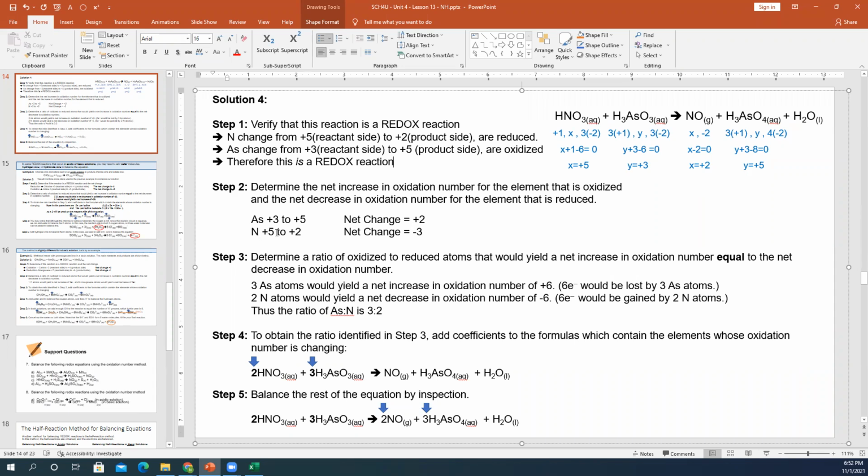And for nitrogen, it's from +5 to +2, so it's overall a net change of -3. To go from 5 to 2, you have to subtract 3. So a net change of -3.